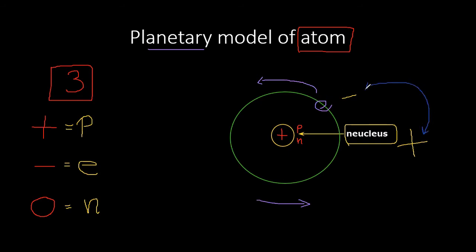So if the electrons lay like this in the path without rotating around the nucleus, these negative charges could be attracted towards the nucleus. So to minimize that, these electrons are rotating at very high speed around the nucleus.